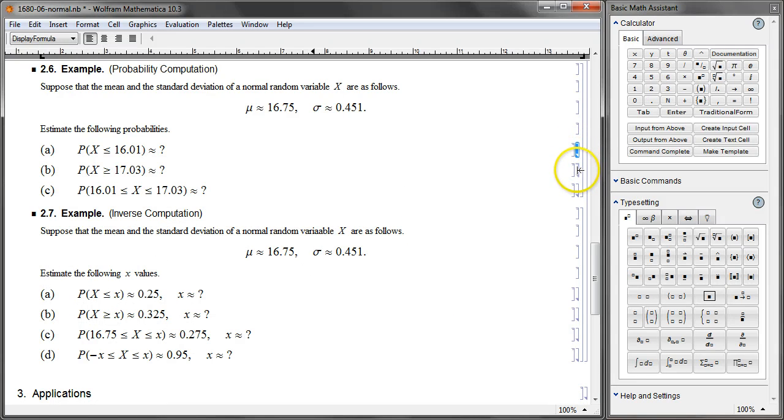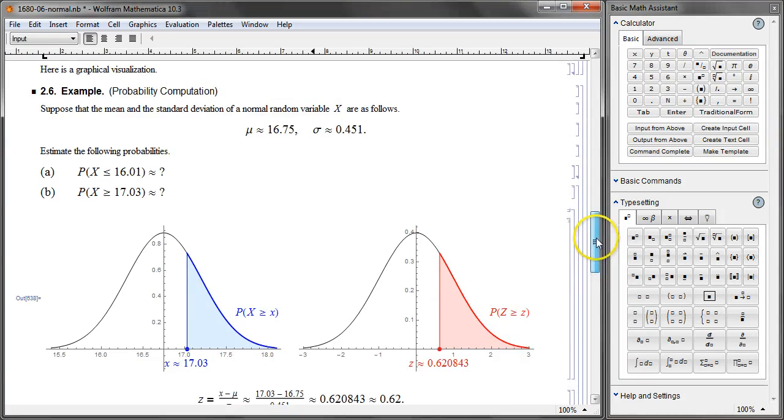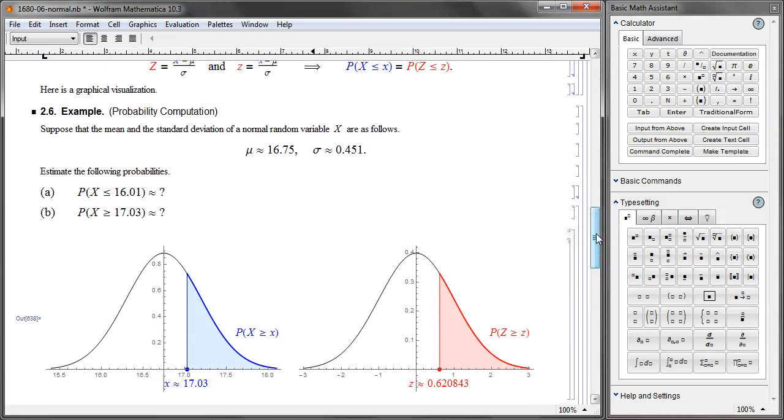Other probabilities, pretty much the same. Here's the picture. Yes, X is greater than 17.03, and the density function of the random variable X must be symmetric with respect to the expected value 16.75, and 17.03 is a little bit bigger than that, so we have further shading to the right-hand side.